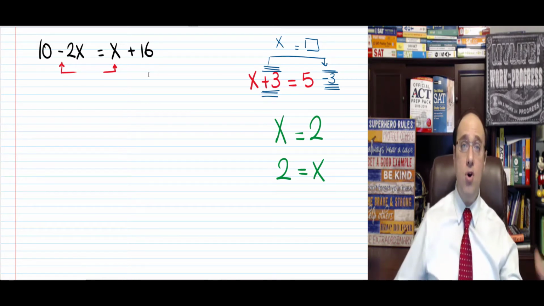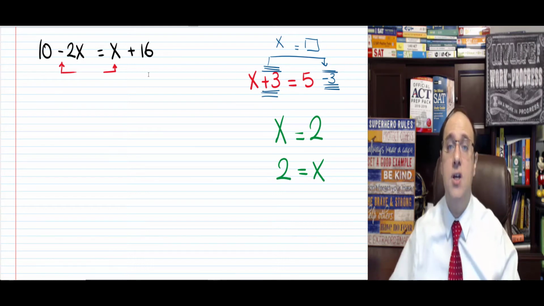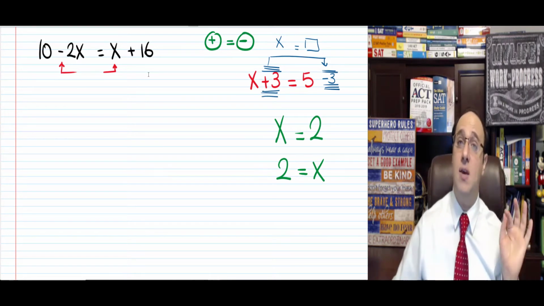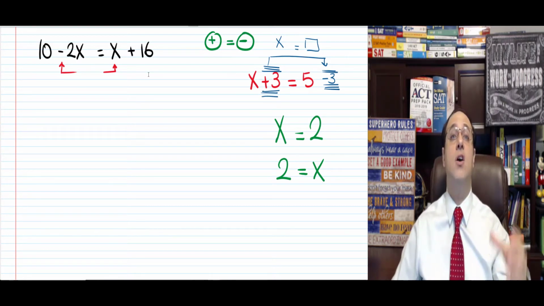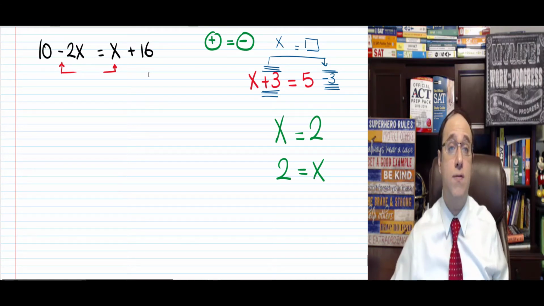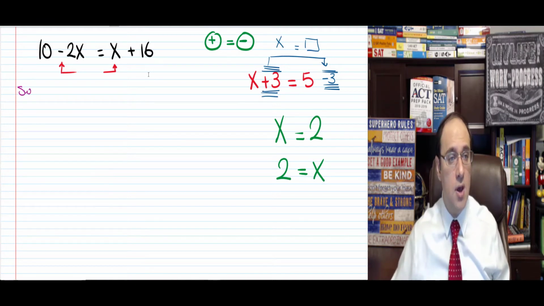Now, in order for it to look better, I want my positives to be on the left, and I want any negatives to be on the right. And when I say positives and negatives, I am talking about the variable, the x. So what I can do as a first step is I can just switch the left and right.